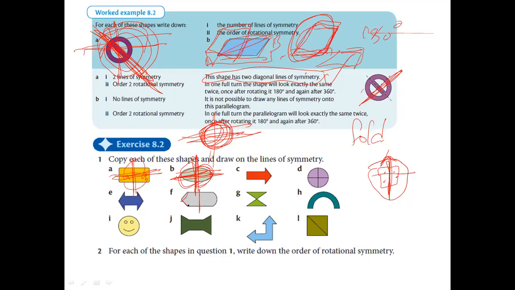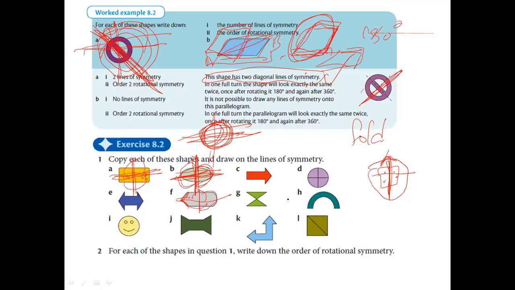Because there is a different part on each side. That's why it has no line of symmetry here. Let's check the horizontal line. When I divide horizontally, we get a similar shape: the below part is equal to the above part.